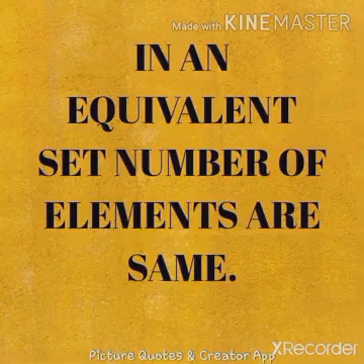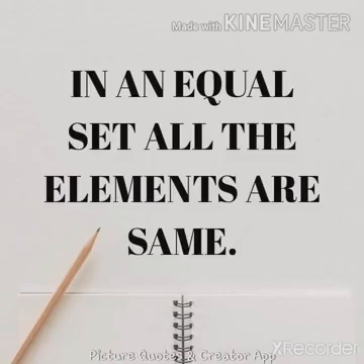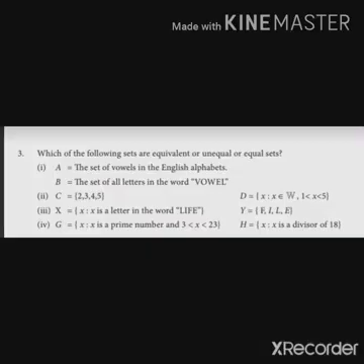In an equivalent set, the number of elements are the same, and in an equal set all the elements are the same, isn't it? Today let's do exercise 1.2, third question. Let's write the question. Which of the following sets are equivalent or unequal or equal sets?